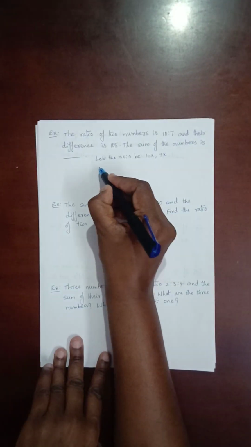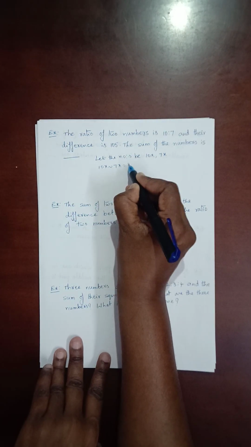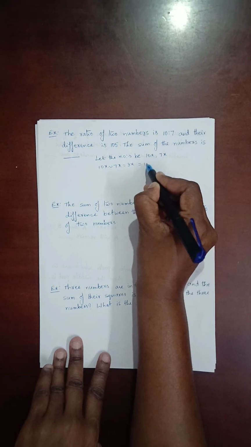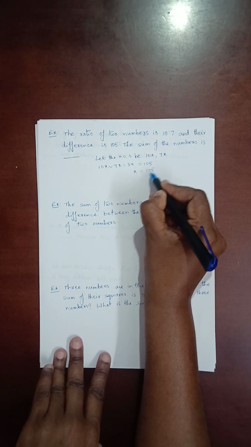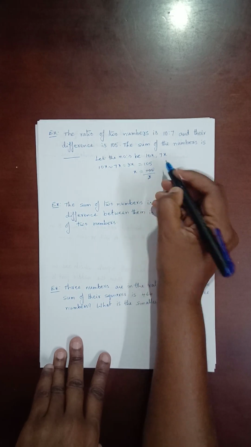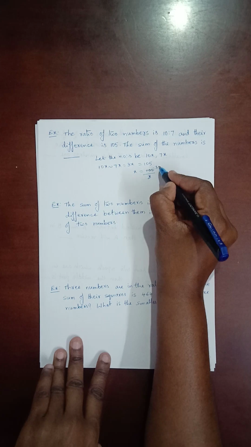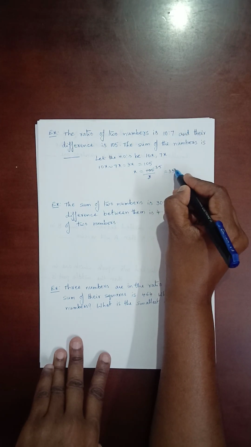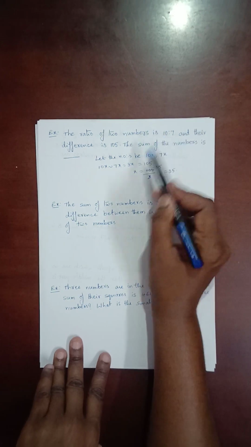What is the difference? 10x minus 7x, that is 3x, which equals 105. Then x equals 105 by 3. 3 3s are 9, 3 5s are 15. So x is 35.